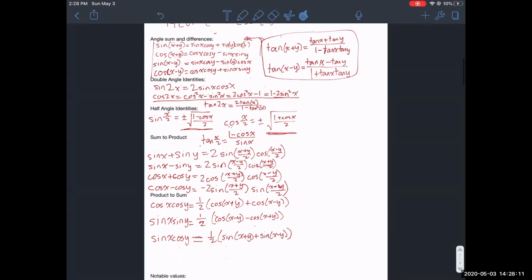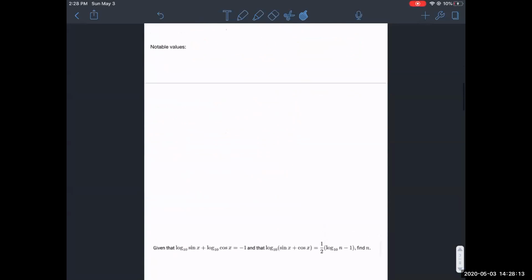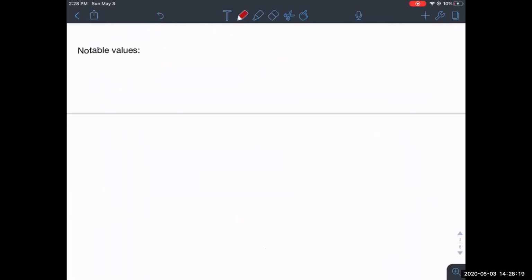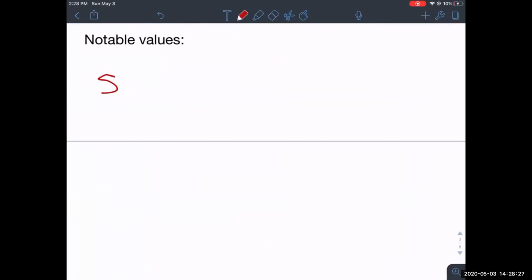All right, let's try out the first problem. Oh yeah, some notable values. I'll just point out the values where things are at 1 and 0. So for sine, just some values to know.